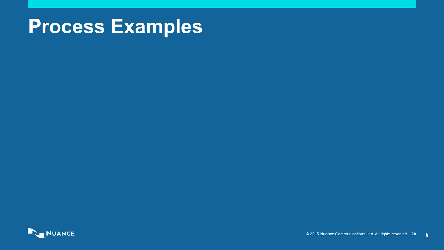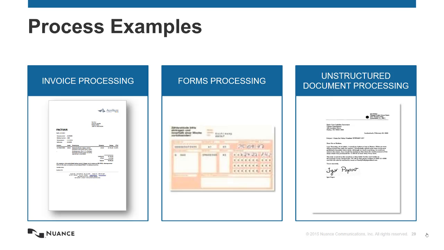Let's look at some example business processes. We're going to look at 3 examples of business processes. We're going to look at invoice processing, where the header information such as invoice date, invoice number, values such as the total, the net and the VAT amount, as well as the vendor of the invoice are extracted from the process.